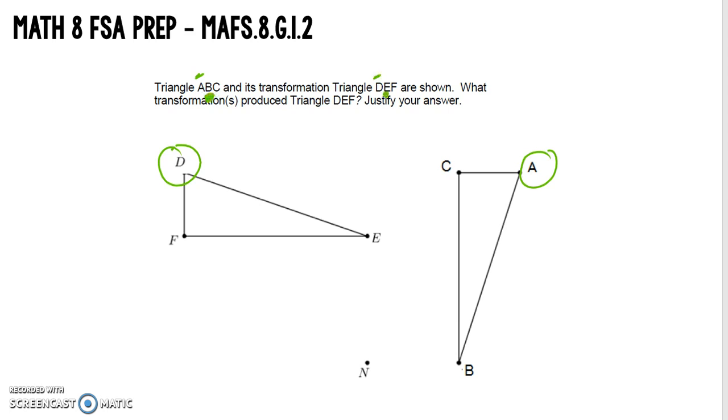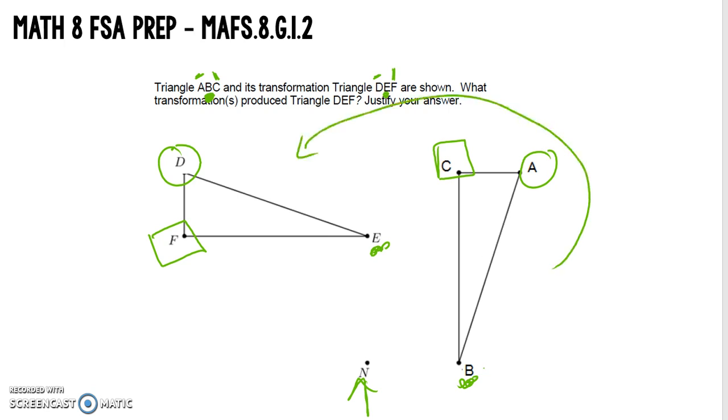B should match up with E. And then C should match up with F. So what transformation happened? The key here is this right here. This figure rotated about a point. It rotated.